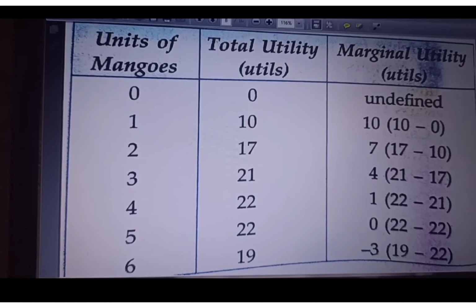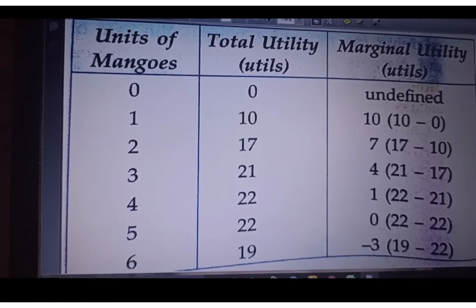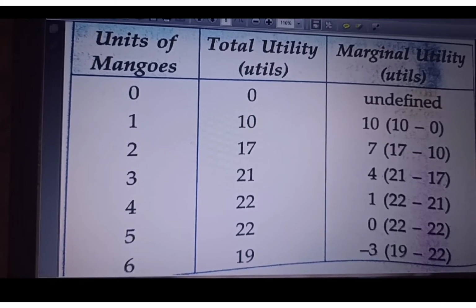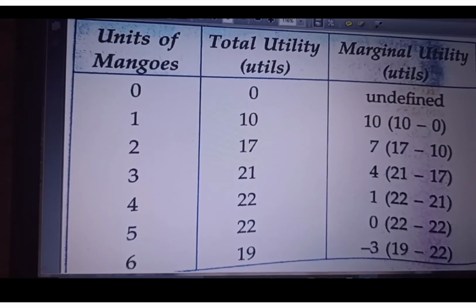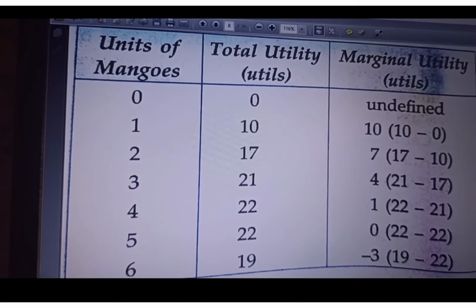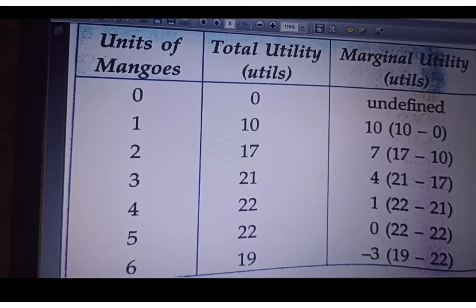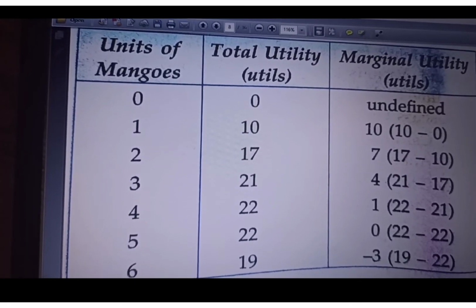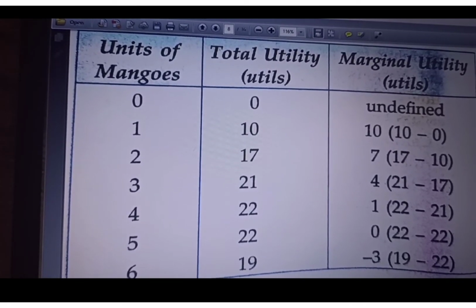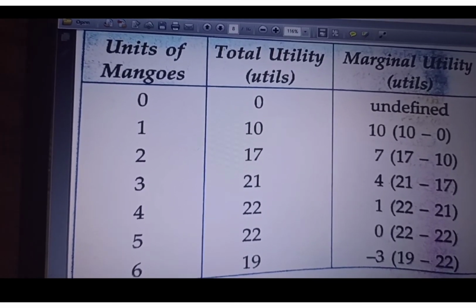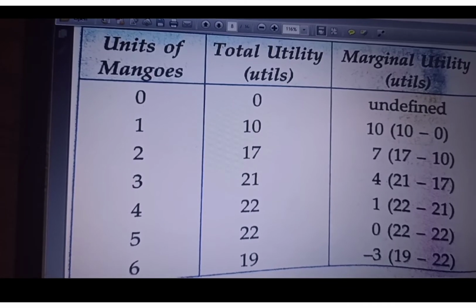For example, for the first mango he is willing to pay rupees 10. For the second he is willing to pay rupees 7 only, and for the third he is willing to pay only 4 rupees. Why is he doing so? Because the satisfaction level is decreasing after consuming every mango. So total utility for the third mango is rupees 21, and for the sixth mango is rupees 19 only.